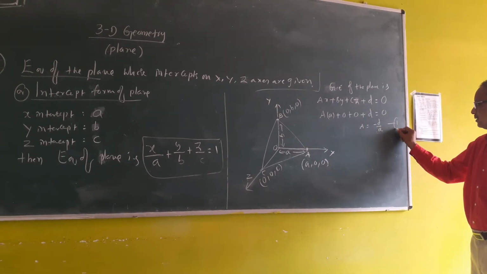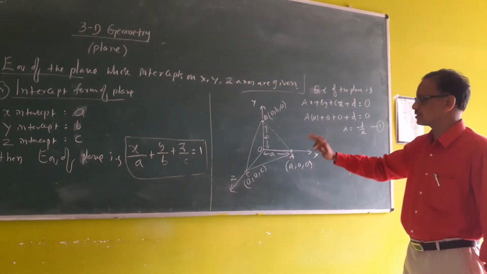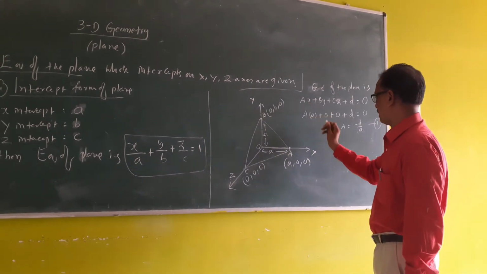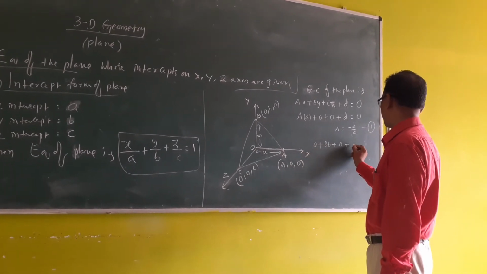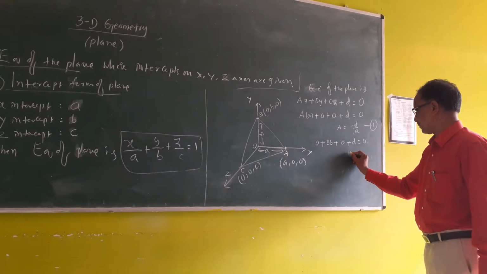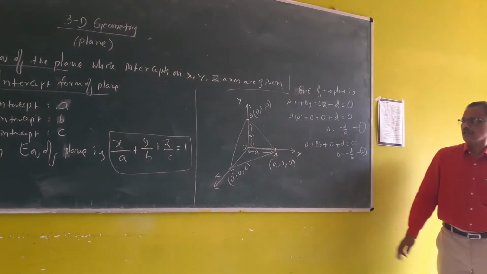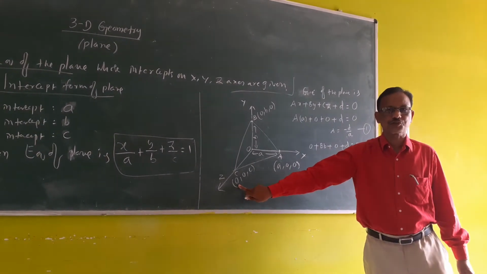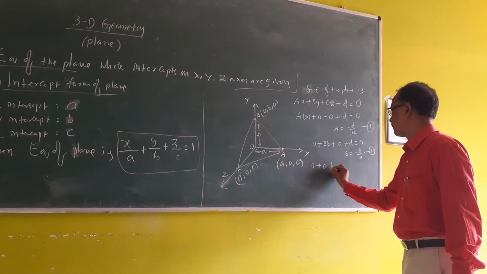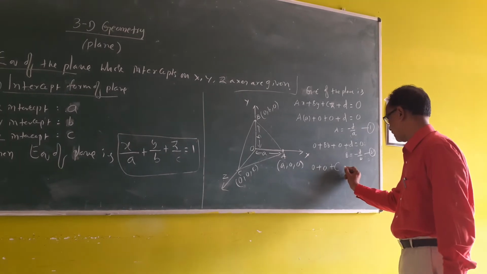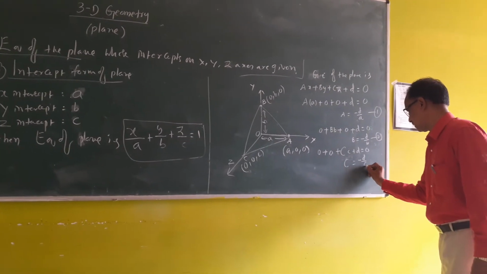Similarly, substituting the point (0, b, 0): capital B times b plus d equal to 0, so capital B equal to minus d by b. Substituting (0, 0, c): capital C times c plus d equal to 0, so capital C equal to minus d by c.